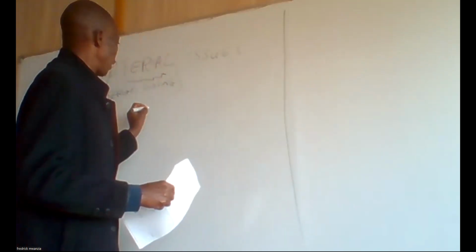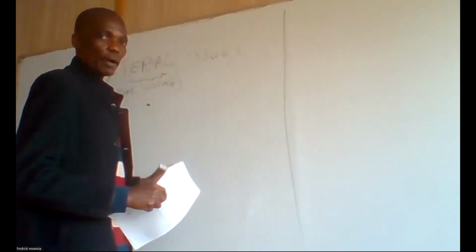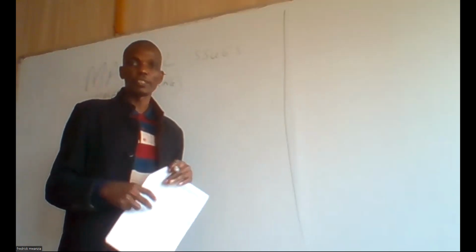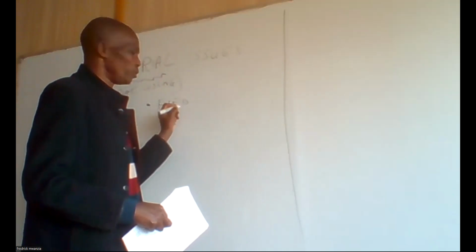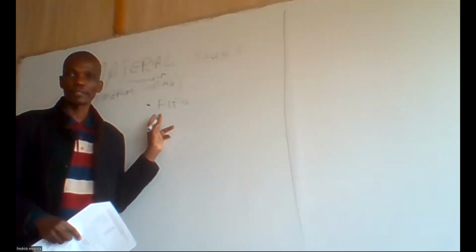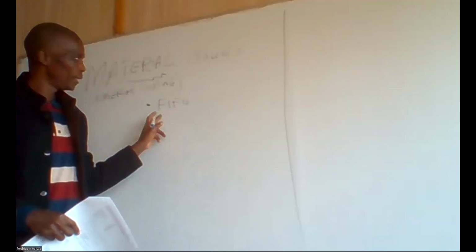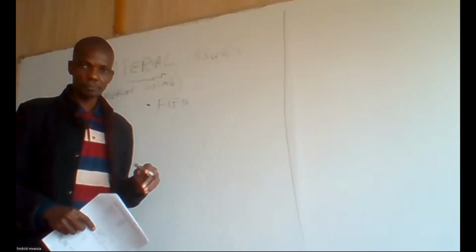And so the methods that will be used in issuing materials, we have what we call FIFO. Each of those letters stands for something. FIFO means first in, first out.